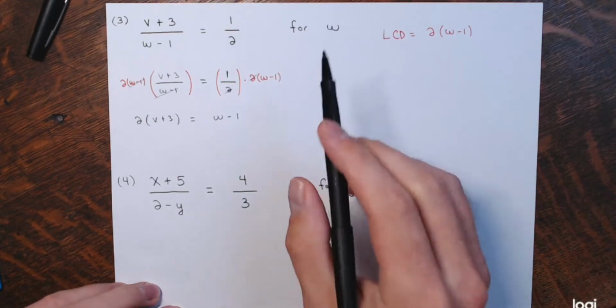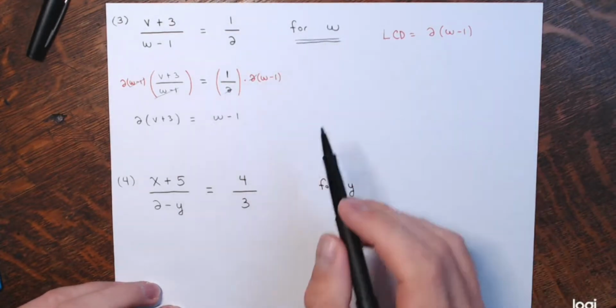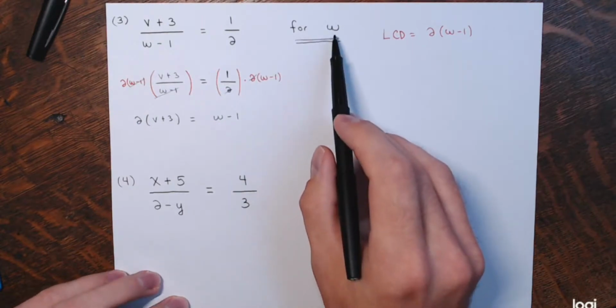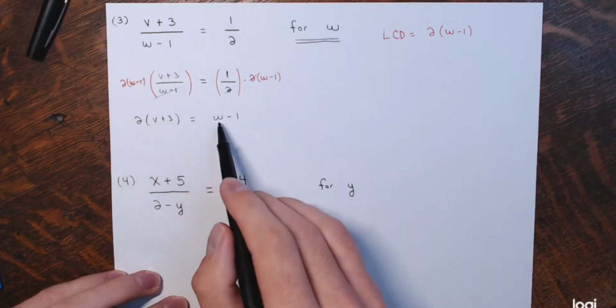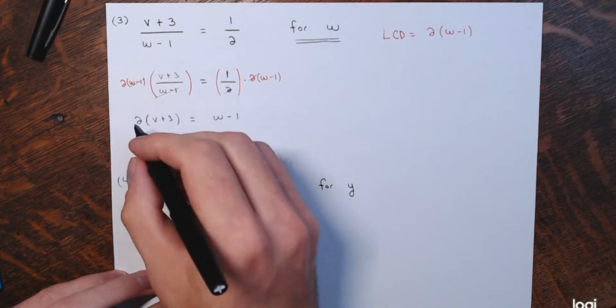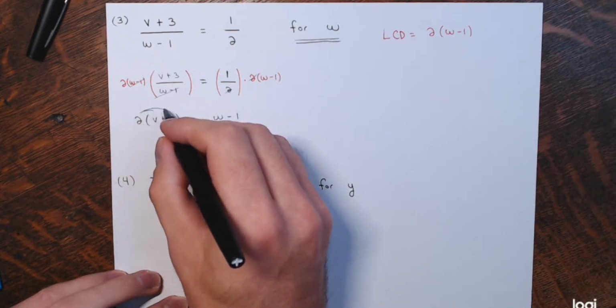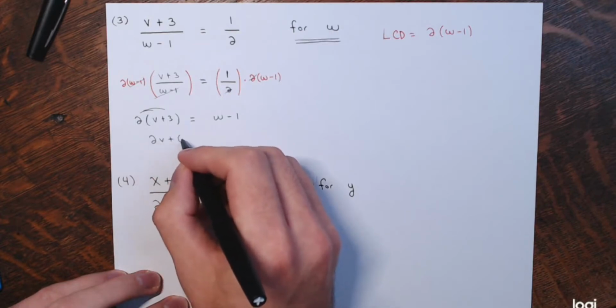And keep in mind here, I'm asked to solve this equation for w. Now I'll simplify both sides first, and then we can easily get w alone by adding 1. This left side, after distributing the 2, would be 2v plus 6.